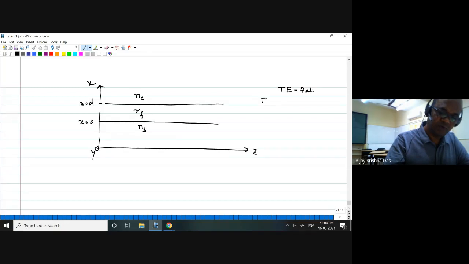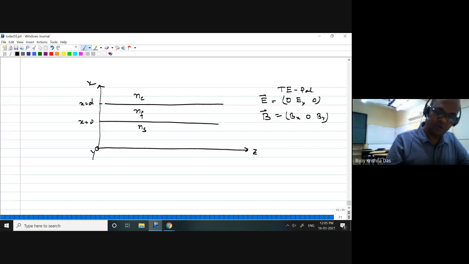So the electric field will have components 0, Ey, 0, and the magnetic field will be Bx, 0, Bz.